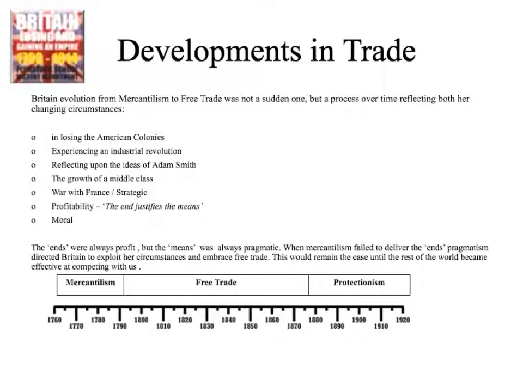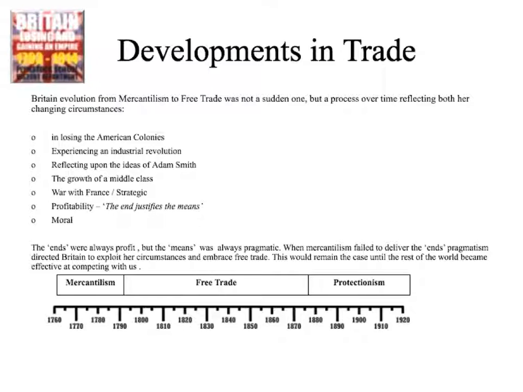If slavery was the foundation of mercantilism, then ending that slavery would enable Britain possibly to gain an advantage in a war and then trade with a world after the war that she could dominate because of her industrial revolution. Profitability, simply money. And finally, was there a moral imperative for the move from mercantilism to free trade and latterly towards protectionism?